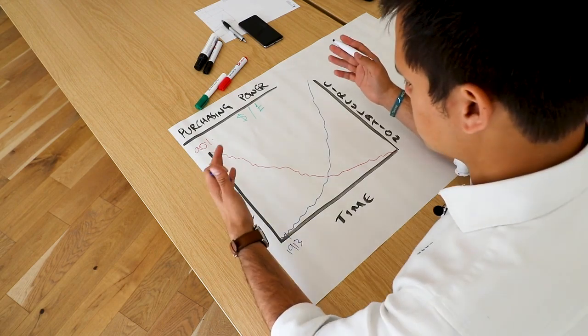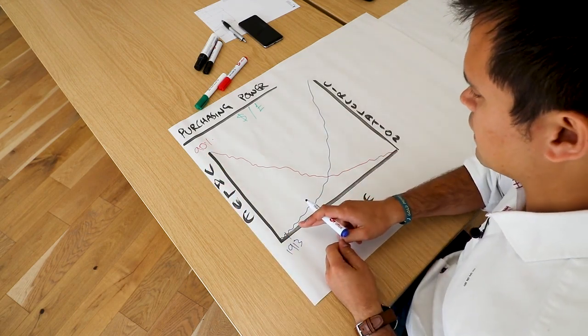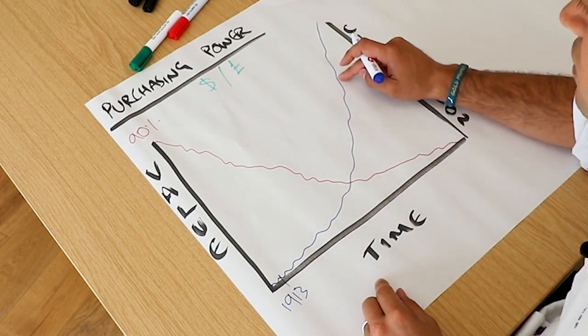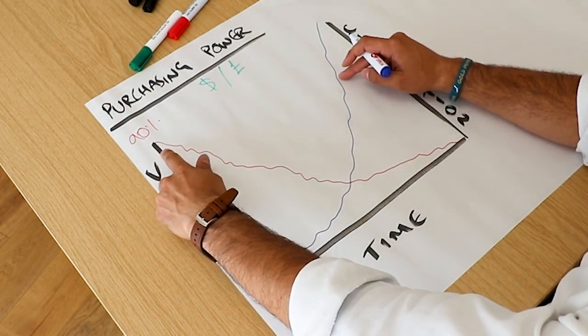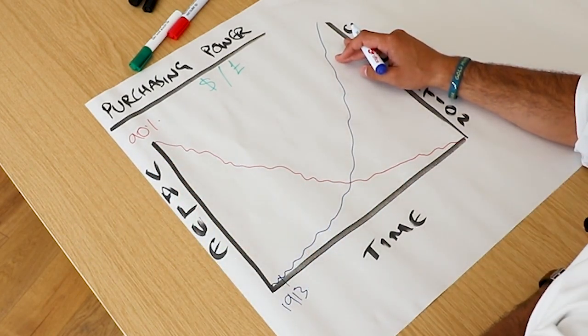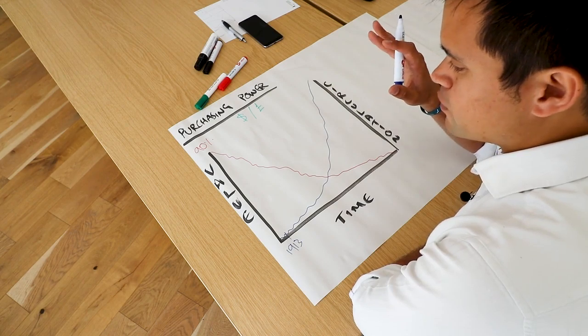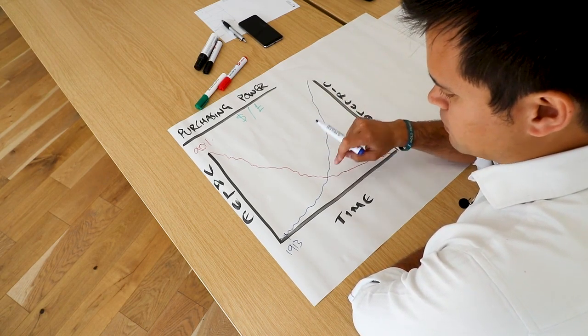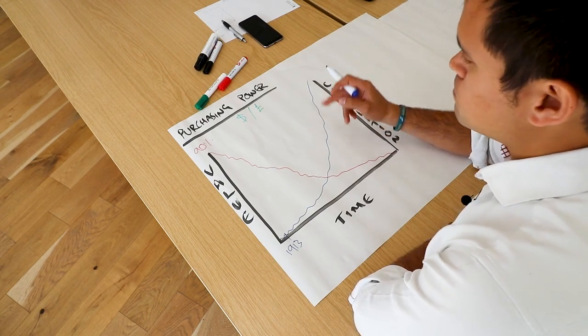So the more currency you print, the more diluted your currency supply becomes, and the value declines. This is the same in every single country on the planet. There isn't a single nation that has not experienced this. And it's just basic maths.